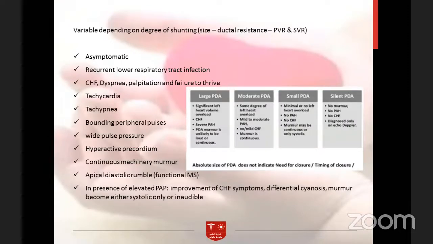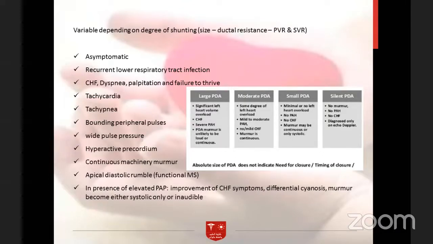The baby may be completely asymptomatic if he has a silent, tiny, or very small PDA, and as the size of the PDA increases, the symptoms increase, ranging from recurrent lower respiratory tract infection, dyspnea, palpitation, failure to gain weight, may proceed to congestive heart failure, and we may have signs such as tachycardia, tachypnea, wide pulse pressure, bounding peripheral pulses.